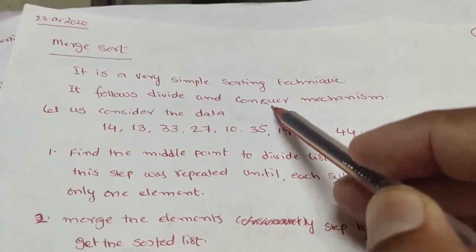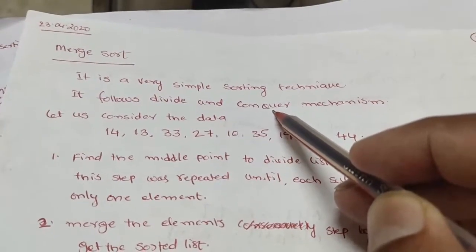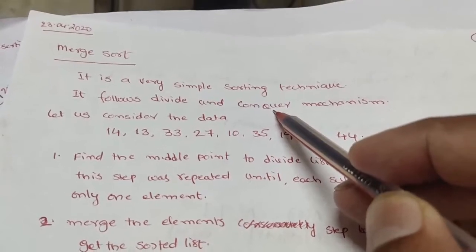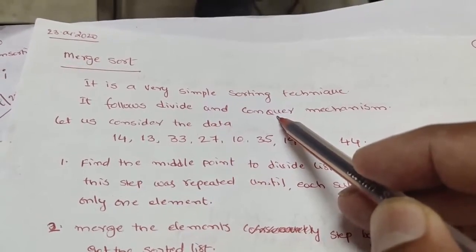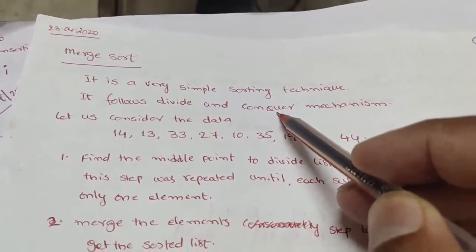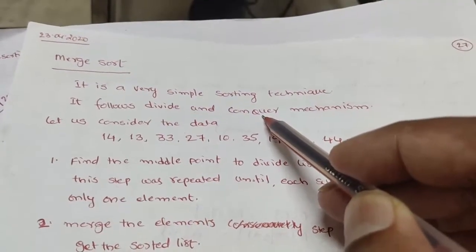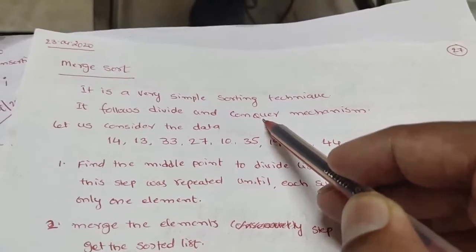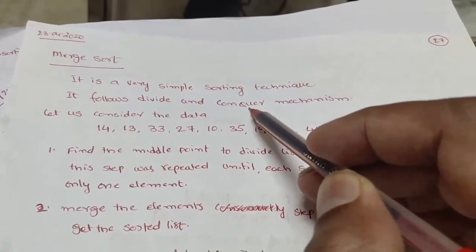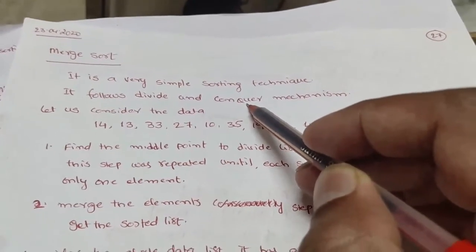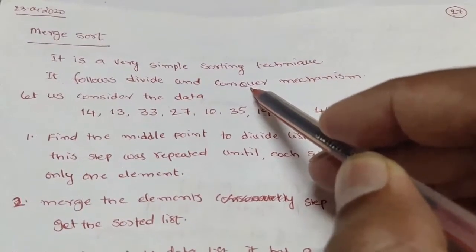When we are unable to solve a big problem, we can divide the problem into a number of subproblems, and we can solve each and every subproblem. We get the solutions, and finally by integrating all these solutions, we get the solution to the big problem.